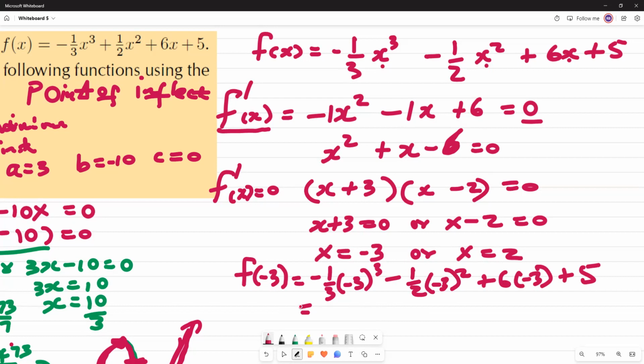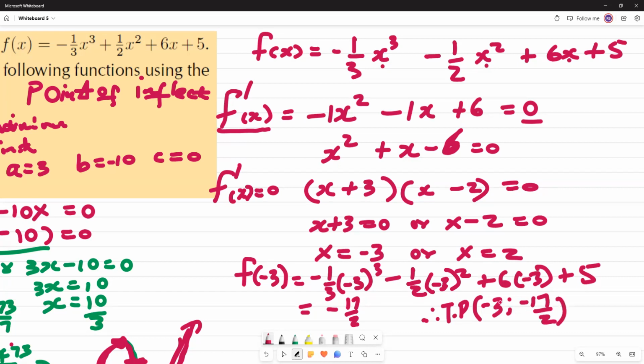That gives me -17/2, which means the first turning point is going to be -3 coordinate -17/2. Right.